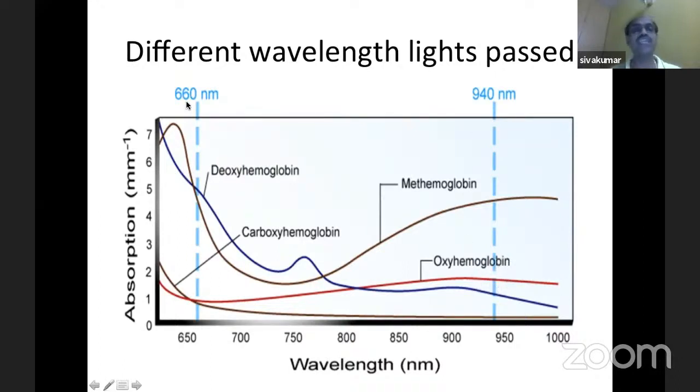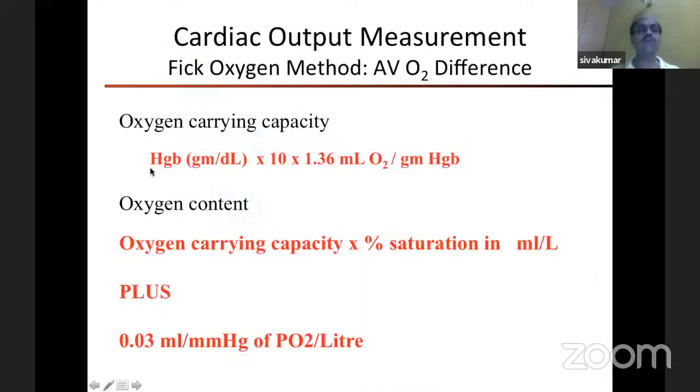So if I pass a combination of red light at 660 and infrared light at 940 and find out the differential absorption, I can tell exactly the amount of deoxyhemoglobin and the amount of oxyhemoglobin, and thereby the percentage saturation. So now, oxygen carrying capacity is hemoglobin into 10 into 1.36.